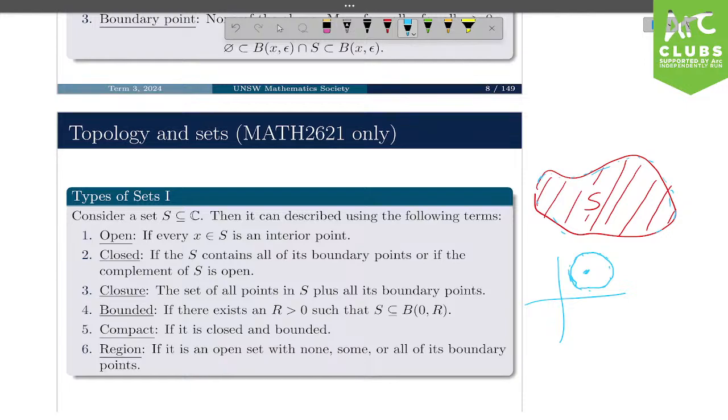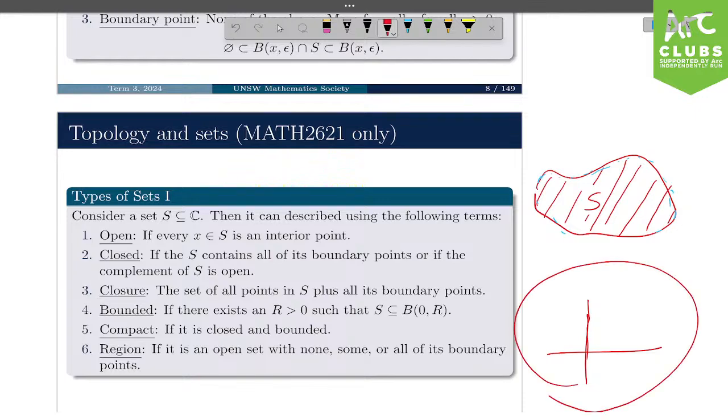And okay, what is bounded? Bounded just means that you don't go infinitely far. If it's bounded, it means we can just pick a big circle that would encapsulate our set.